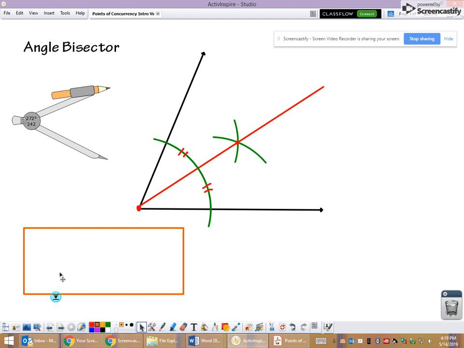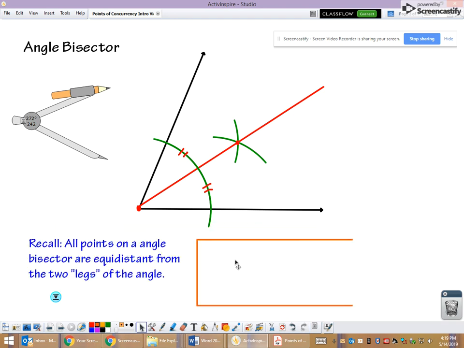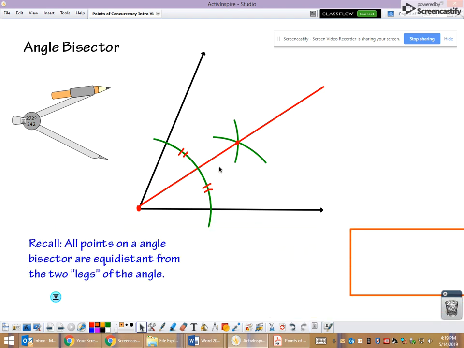And our recall for this one is that any point on an angle bisector is equidistant from the 2 legs of the angle. So if I take this point here, and I were to draw the distance to this line, which has to be a perpendicular distance.